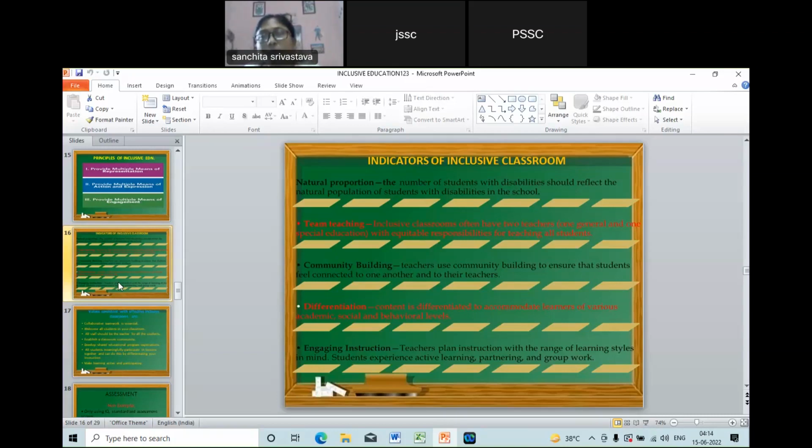If that project is something very, very expensive, those children coming from a poor socio-economic background will never be able to participate, though merit-wise they might be much higher. So you have to decide what you are going to give, how you are going to accommodate a particular topic. You differentiate the content to accommodate the learners of various academic, social, and behavioral levels.